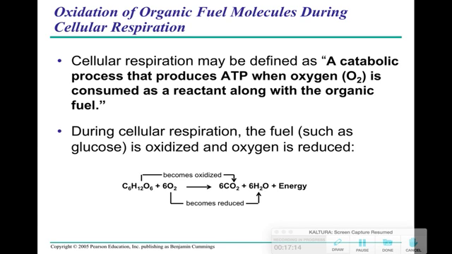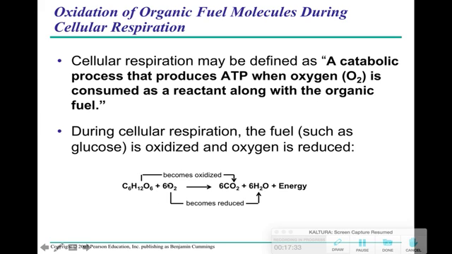So cellular respiration is definitely a catabolic process, and mainly the term cellular respiration is applicable to aerobic respiration that produces ATP in the presence of oxygen.